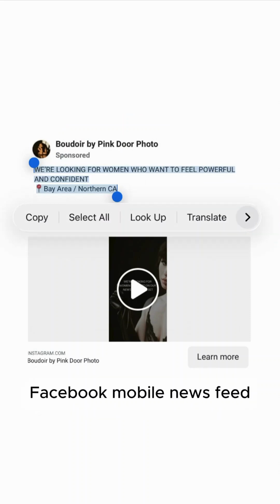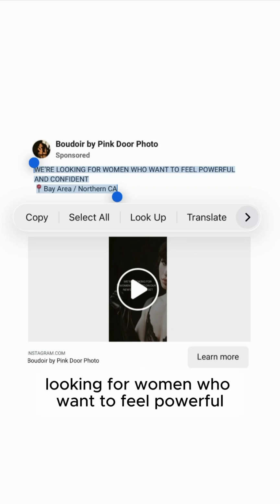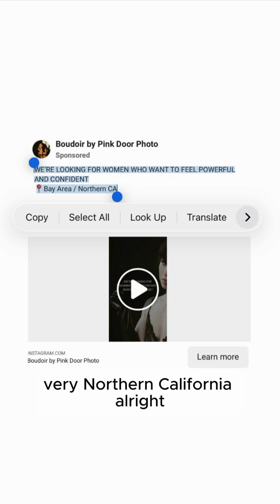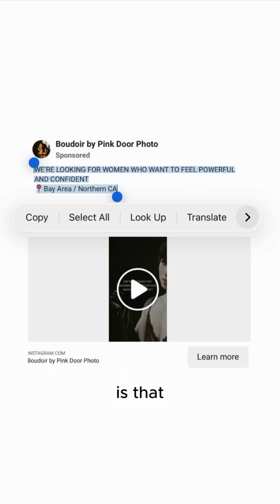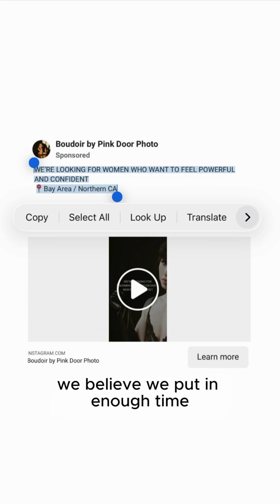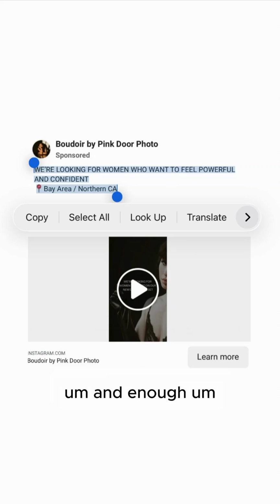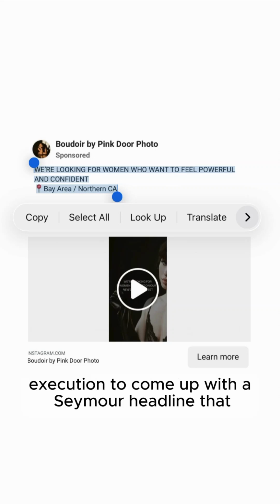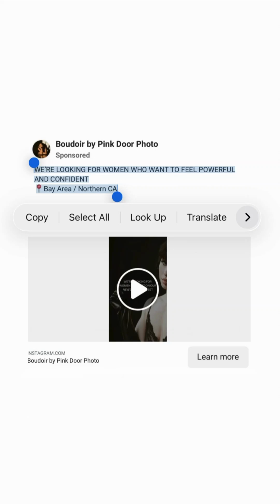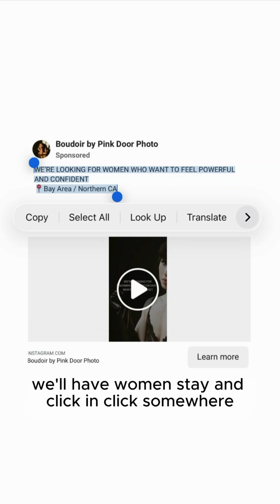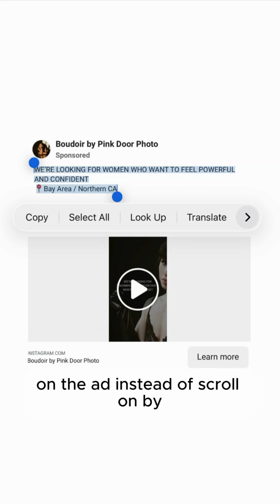Finally, we're going to look at the boudoir low clicks Seymour headline here. First 2 3/4 lines, Facebook mobile newsfeed: "Looking for women who want to feel powerful and confident. Bay Area, Northern California." All right, so we got a little bit of context, but still a lack of context mistake. The false belief that caused us to make this mistake is that we believe we put in enough time and planning execution to come up with a Seymour headline that will have women stay and click somewhere in the ad instead of scroll on by.